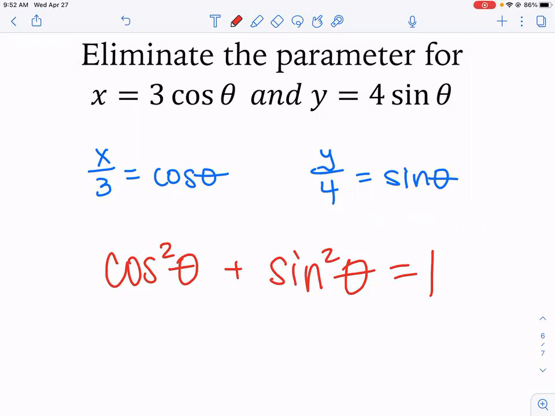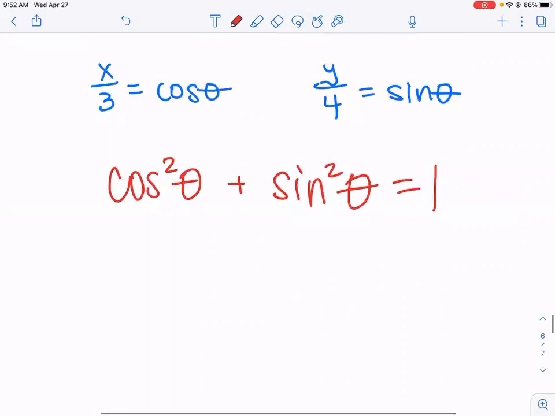Okay, so if cosine squared plus sine squared equals 1, and I can solve for cosine and I can solve for sine, cosine of theta is x over 3.